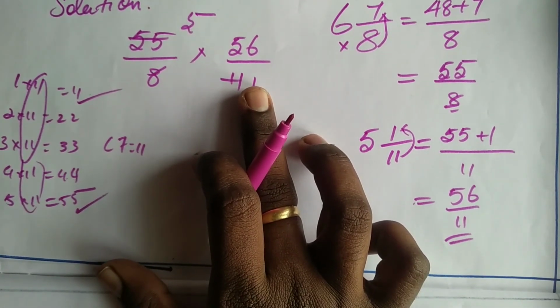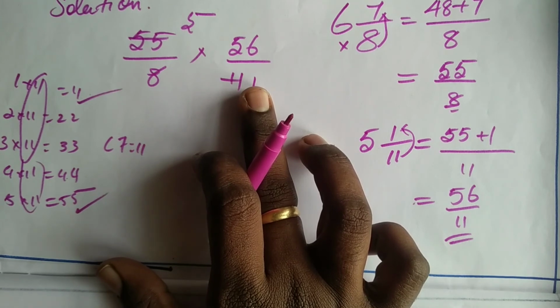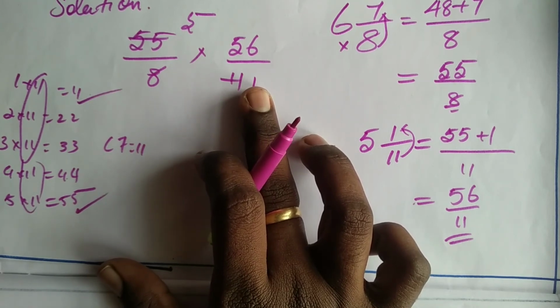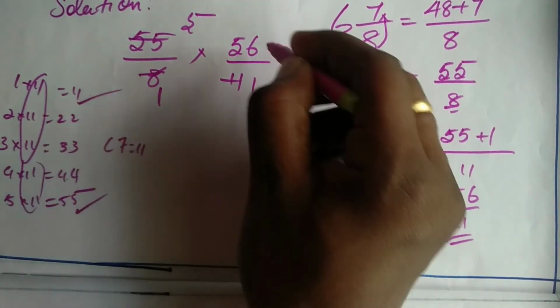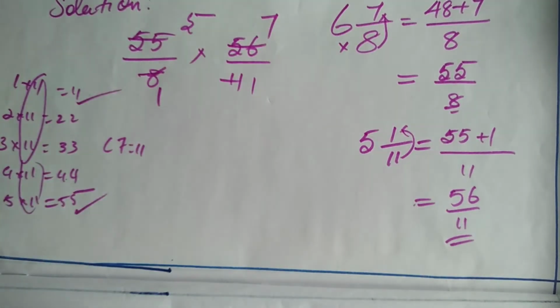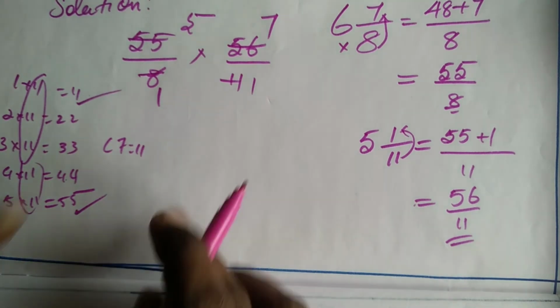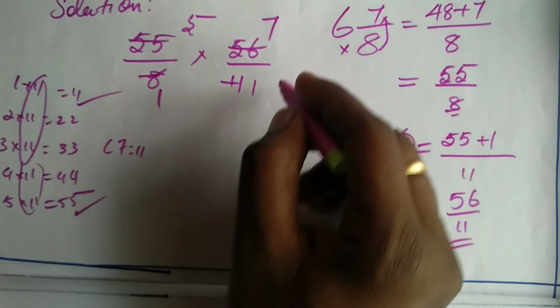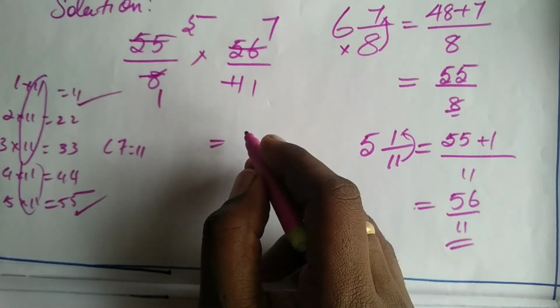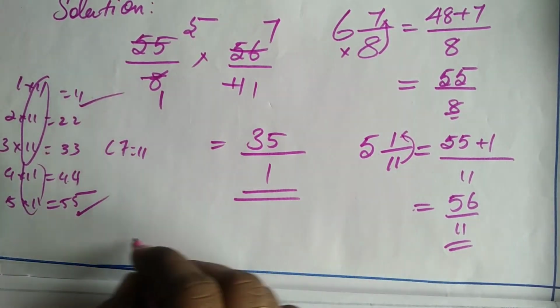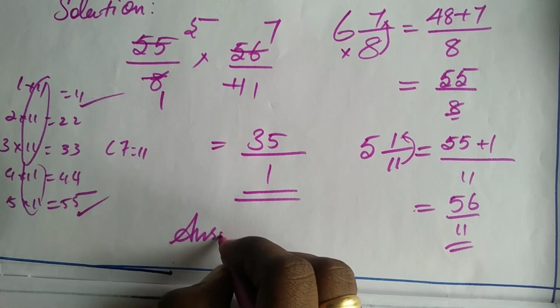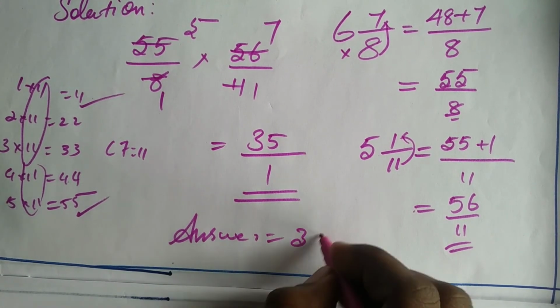Very good. How many times? 7 times. I'm right, 8 7s are 56. So 1 8 is 8, 8 7s are 56. So what is the answer? Multiply these two and you will get the answer. 5 into 7 gives 35. 35 divided by 1 is the answer. You just write the answer is equal to 35.